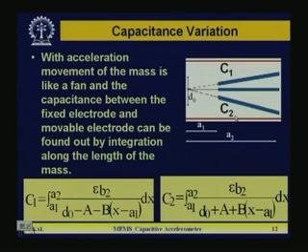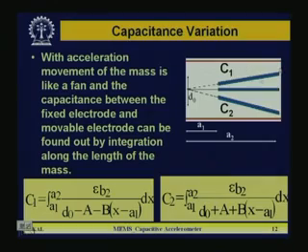Now, with acceleration the mass moves up and down like a fan, and the capacitance between the fixed electrode and the movable electrode can be found by integration along the length. One point is evident here: although we call it parallel plate capacitance, the gap between the top electrode and the middle is not the same everywhere, it varies.